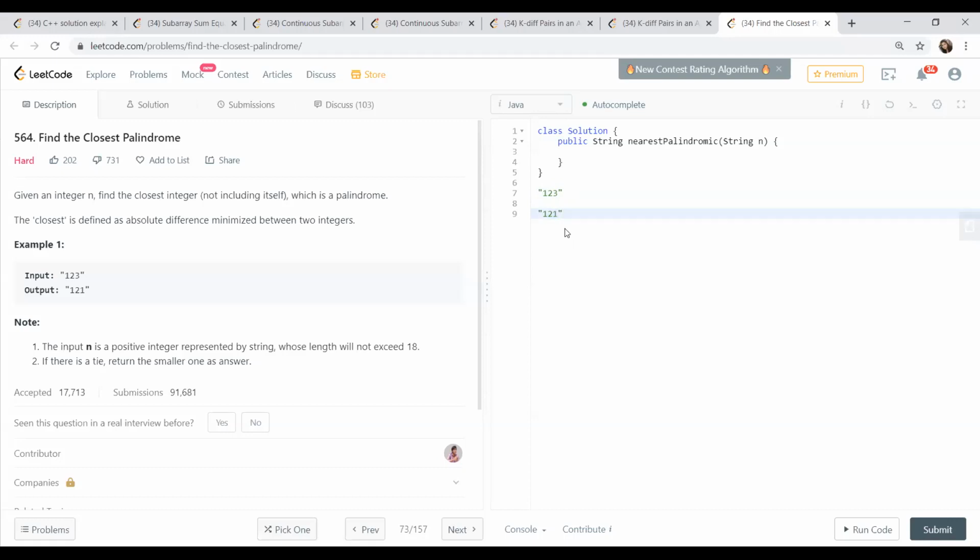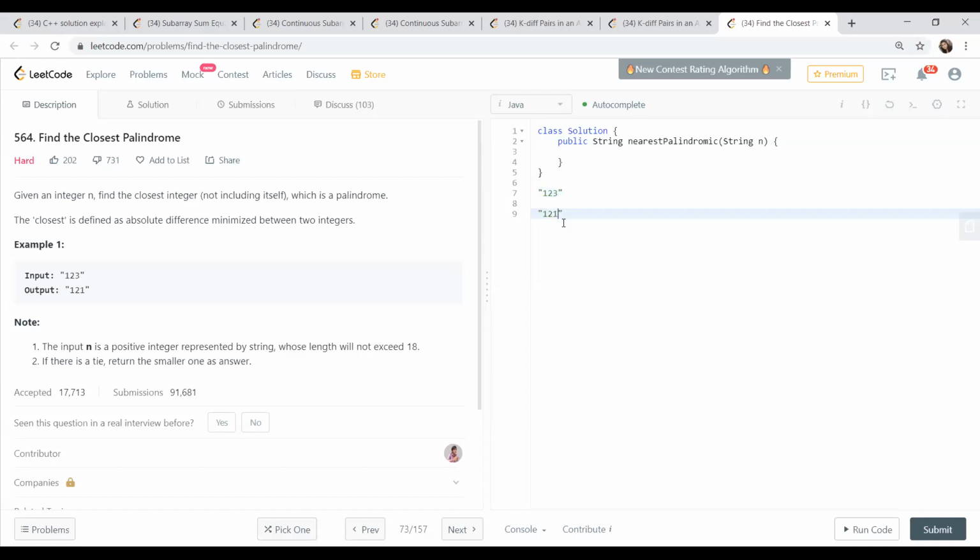So it's the closest palindrome to 123. It's also given that the length would not exceed 18. And if there is any tie, then return the smaller one as the answer.